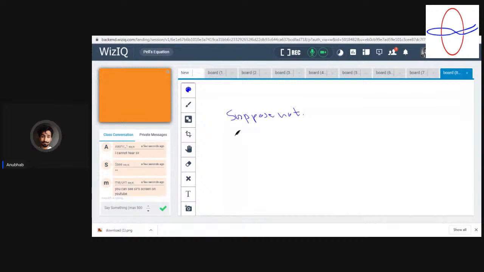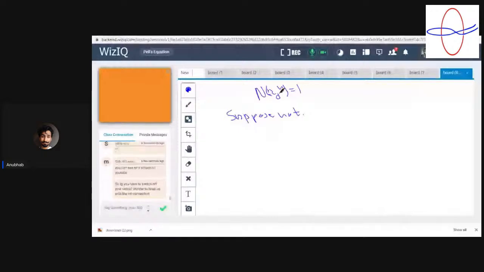Okay, so what we were saying is basically we proved that norm of plus minus z naught to the power n is 1, and we want to show that these are infinitely many solutions. Can I get a yes?